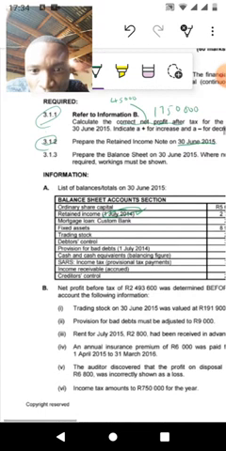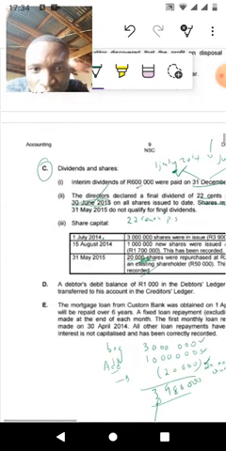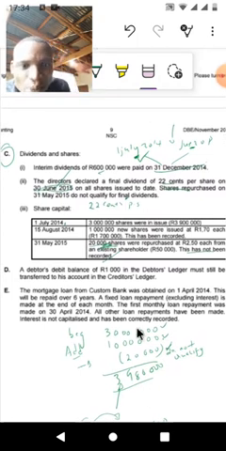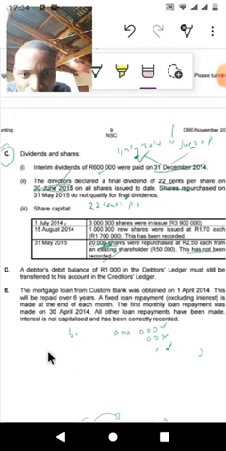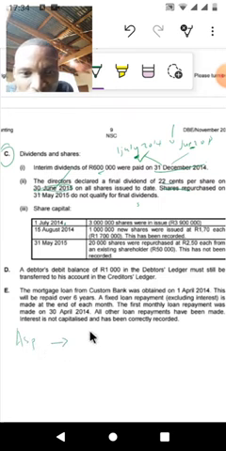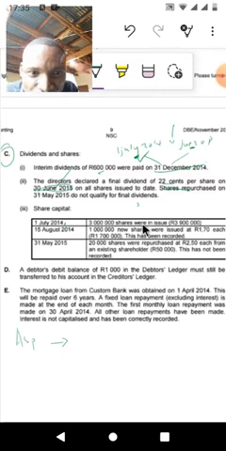If we go to shares, transaction C, I will need to write here. We want to calculate, very important, average share price. So we say available funds, or the capital that we have at the beginning of the year.